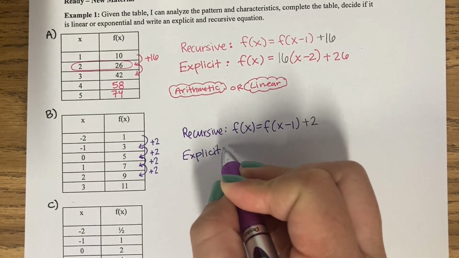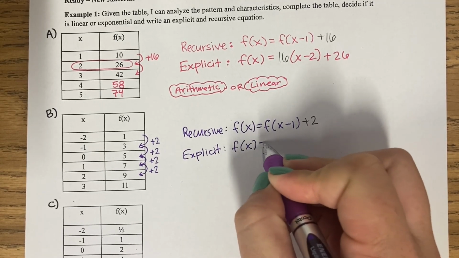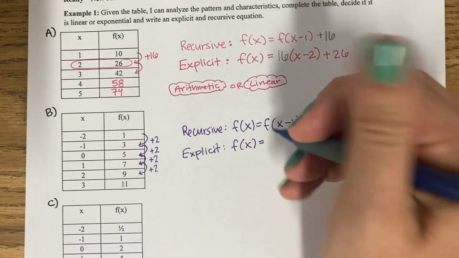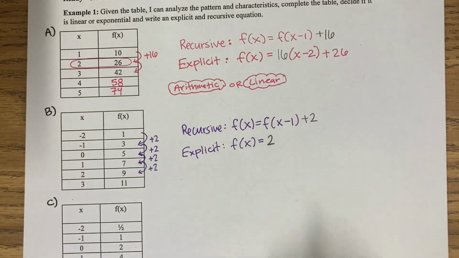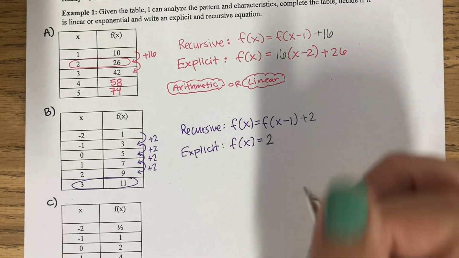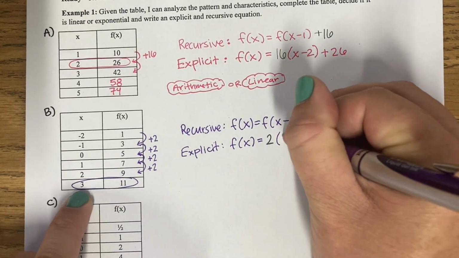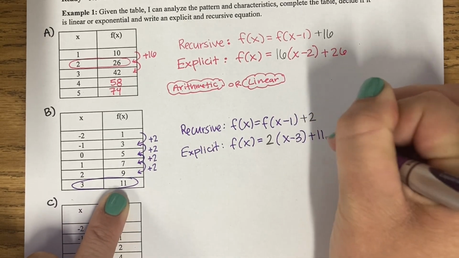My explicit, it's adding, so f of x equals, it's adding 2 each time, that's my slope. And then I pick a point. I'm going to use 3 and 11. X minus 3 and a positive 11.